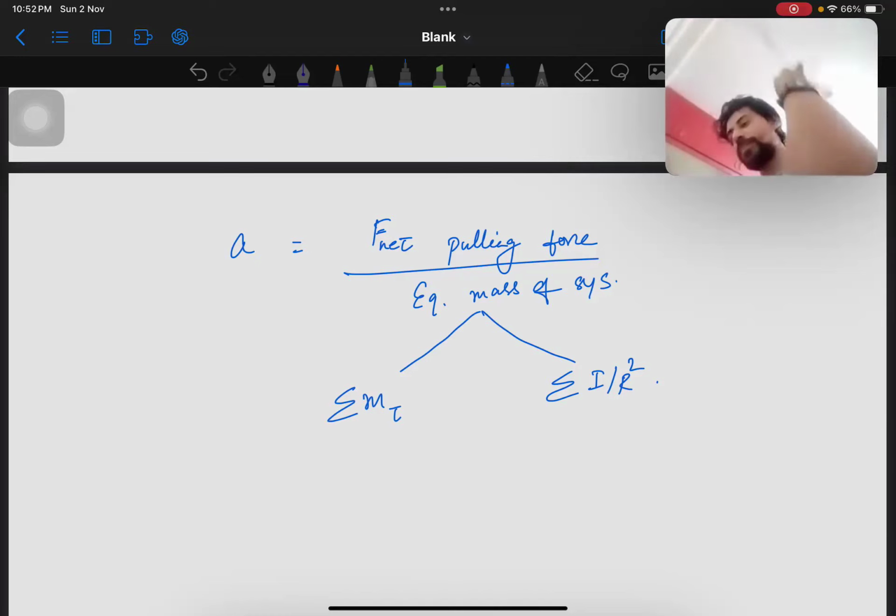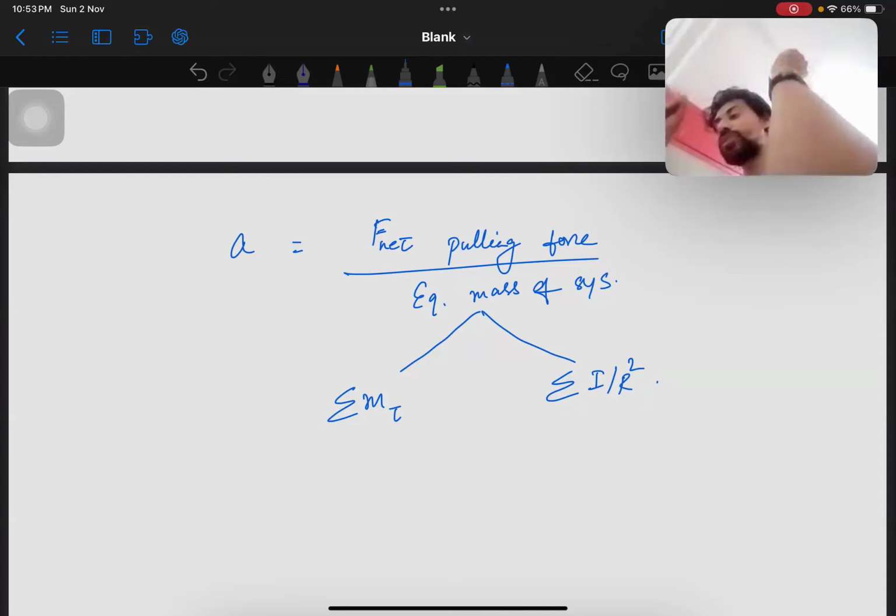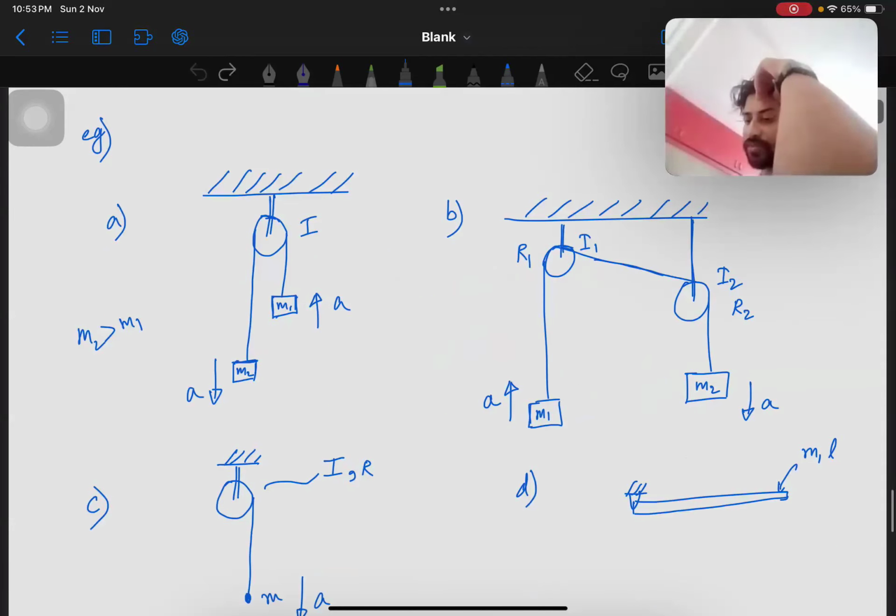Where can you apply this? Only when you have the pulley cases. You have multiple pulleys, and all of them have just one angular acceleration, and the string which goes around is connected to blocks. There is only one magnitude; it's not that differing acceleration values are there. In that case, you directly apply it. For example, the first one: what is the force because of which these blocks are going to accelerate?